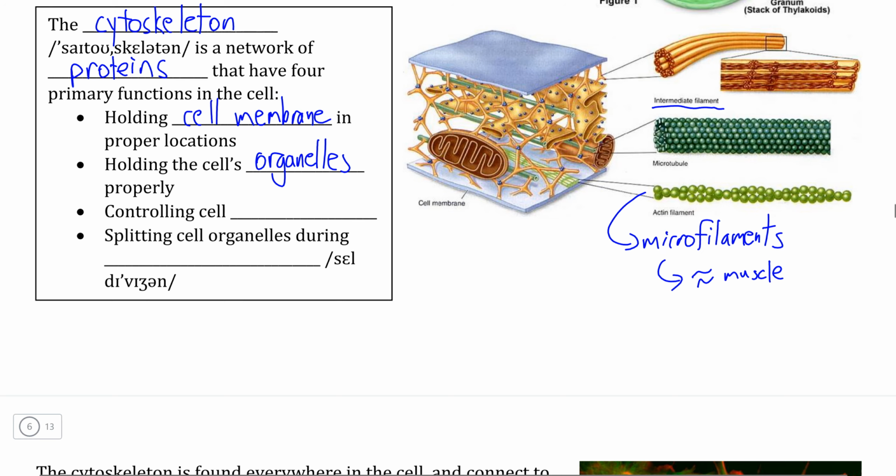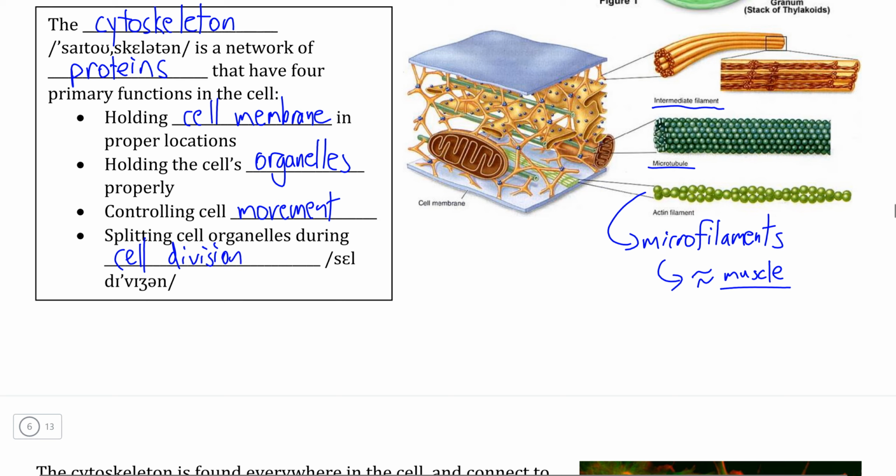And not surprisingly, because microfilaments are used in muscle that is used to move the whole body, individual microfilaments within a cell can also assist in the movement of that cell, and we can take a look at that in more specialized situations.